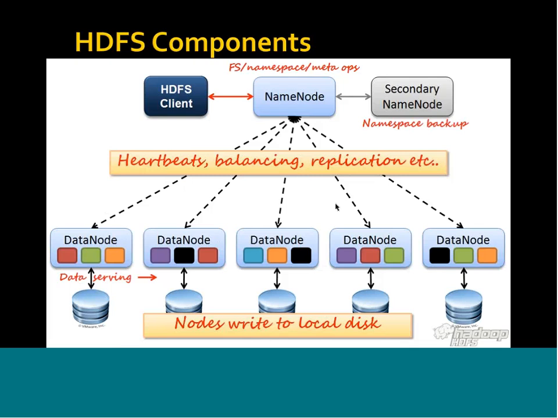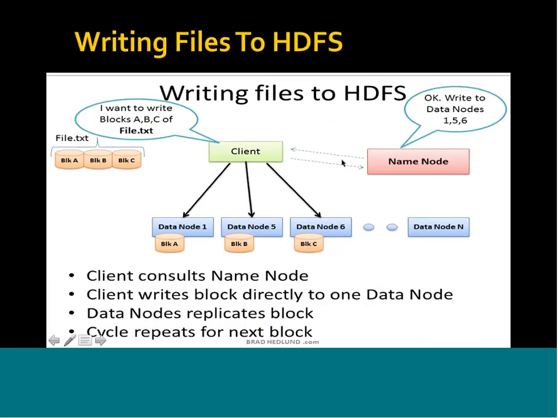Fine. Now comes a scenario where we are going to write data to a file, right? Just see how name node and data node coordinate with each other. The first thing you need to understand is that each HDFS block has a predefined size, right?